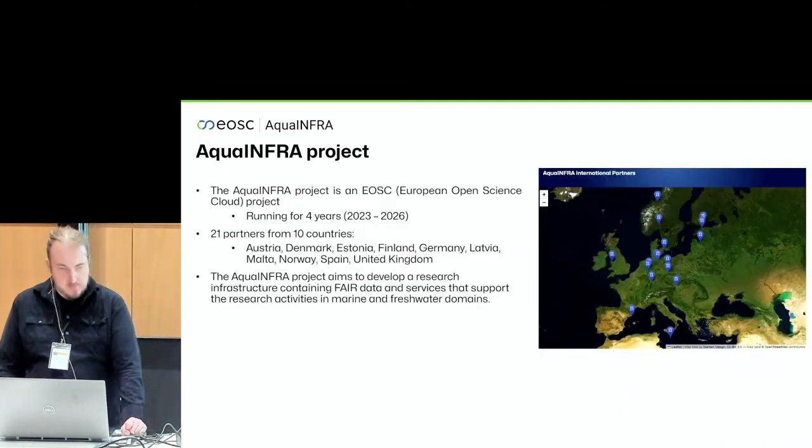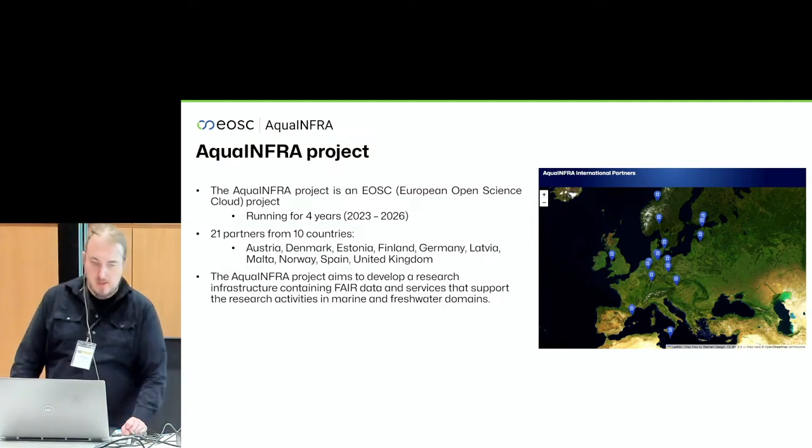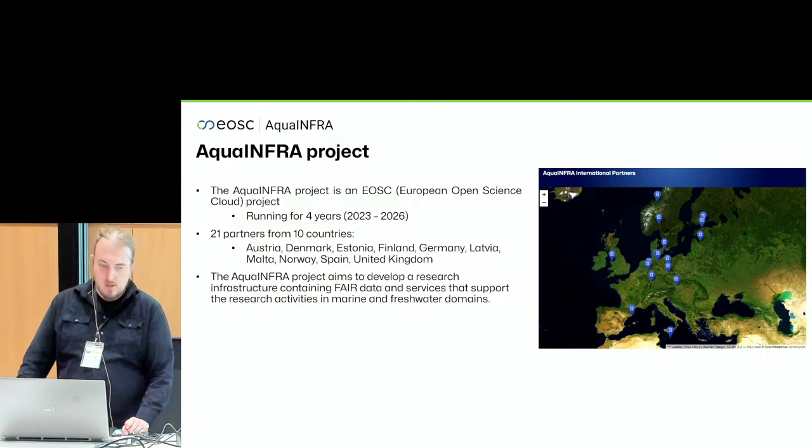So the AquaInfra project is an EOSC project, that is the European Open Science Cloud, and it started last year in 2023 and it will finish in 2026. So we are now about 1.5 years into the project.